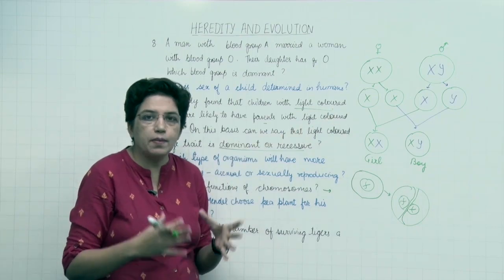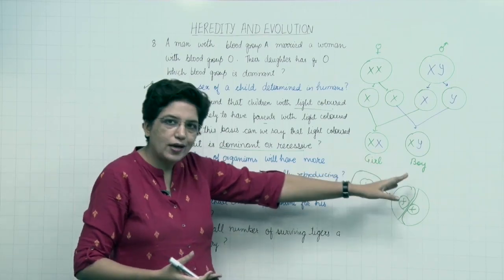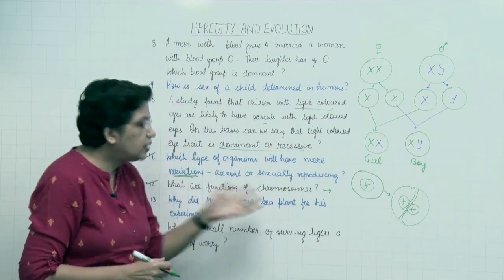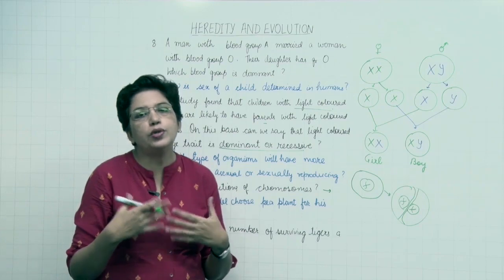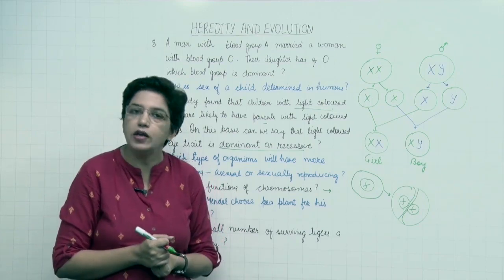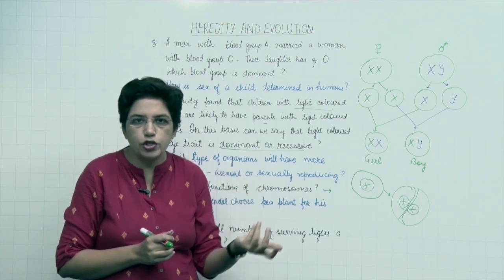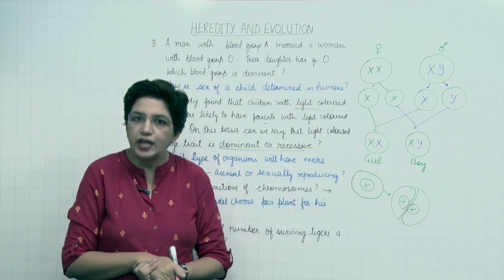Chromosomes help in determining the sex of the baby, whether it will be a girl child or the boy child. This is also decided by the chromosomes. And third, one more function of chromosomes is to bring about variation and evolution. Slight changes in the chromosomes generation after generation give rise to new species, new kinds of variations in the given species.